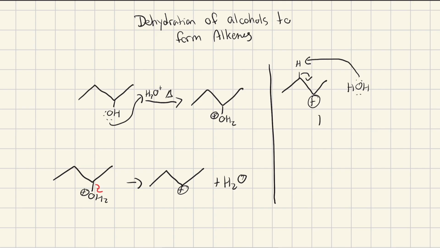So our product here is going to be 2-butene with our H3O plus regenerated. We can have the Zaitsev product or the Hofmann product, so we can have 2-butene or 1-butene. But in this case, since we don't have a lot of steric hindrance and our nucleophile is small, we're going to see the Zaitsev, or the more substituted product.